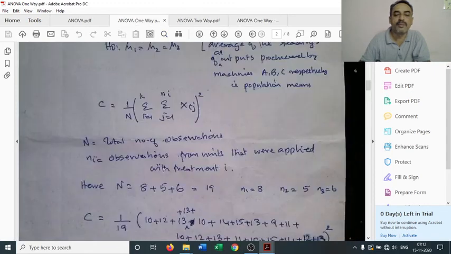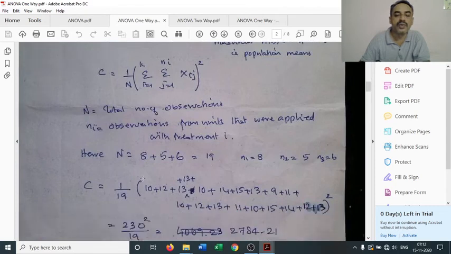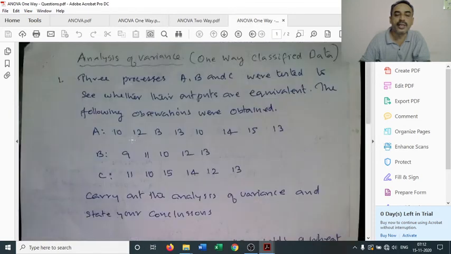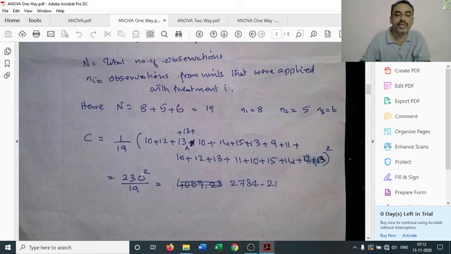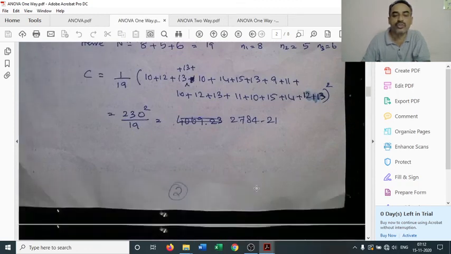Therefore capital N is 19, and C is 1 by 19 times the square of the sum of the entire observations 10, 12, 13 etc., up to the last value 13. So it is 230 square by 19, and the correction factor is 2784.21.